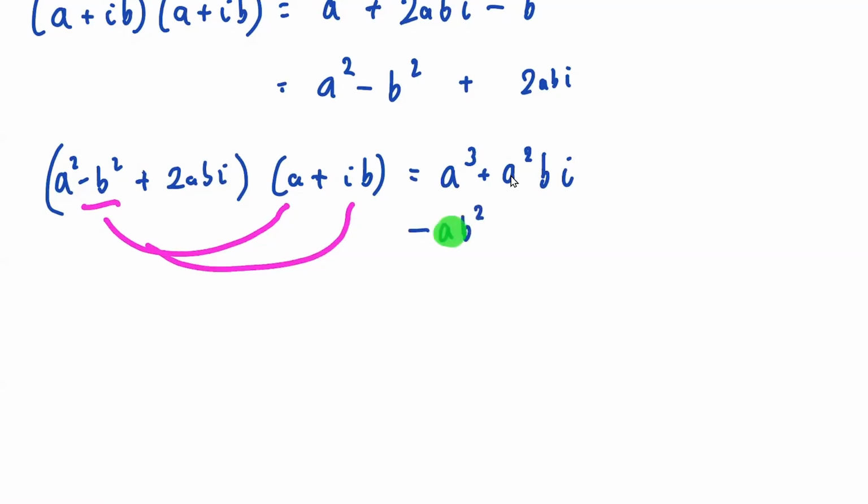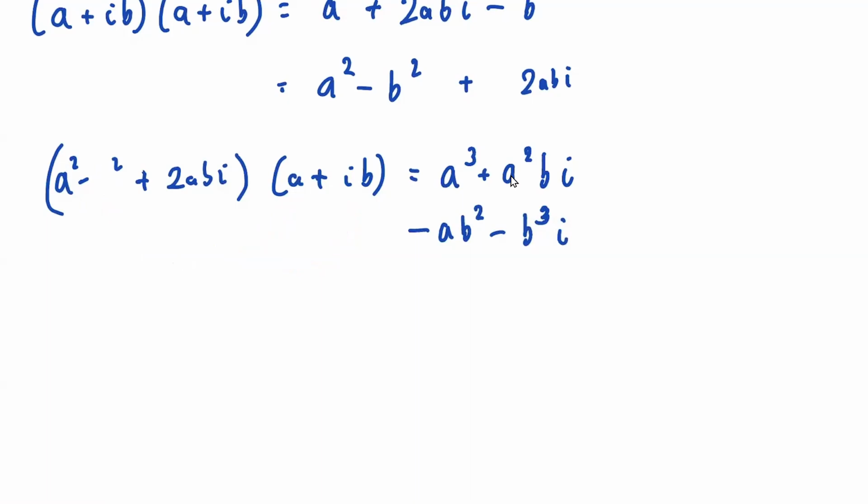I like to write it in alphabetical order because that's how my brain works, I like things in order. B squared times A, I don't like to write it as that. I like AB squared, nicer. Then negative B squared times IB, what do you get? Negative B cubed I. I like my real numbers on the left side and my imaginary on the right side. Less confusing. That's my standard way of writing.